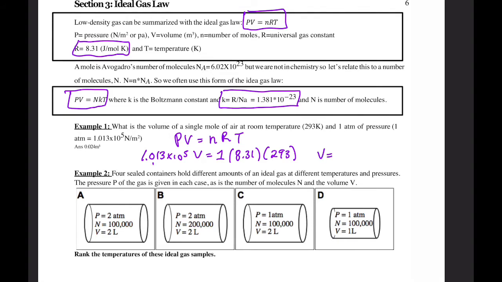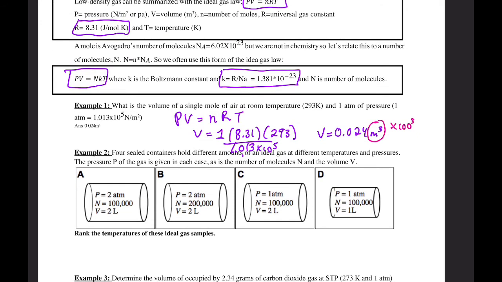Just do a little division, take this, divide by your pressure. Bam. And our volume will come out to be 0.024 cubic meters. Just a warning, when converting cubic meters into cubic centimeters, you have to convert 3 times. You would need to multiply by 100 three times, one for each dimension.